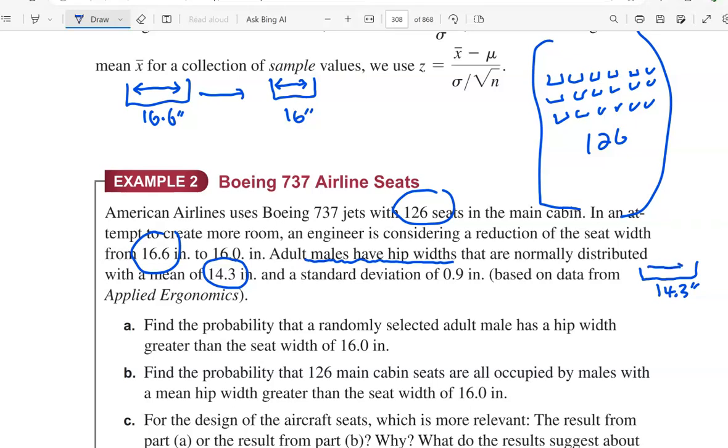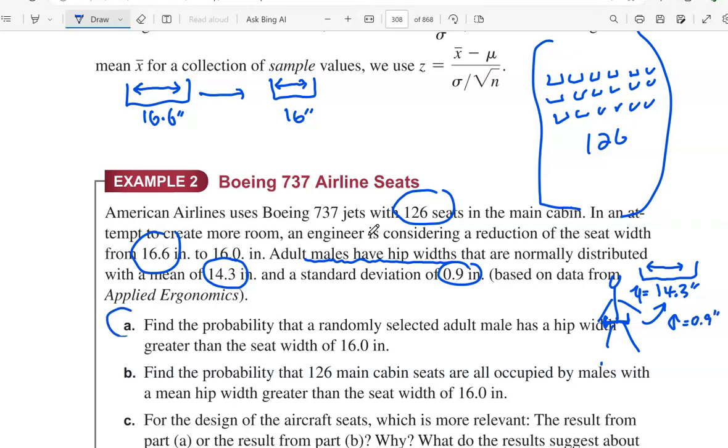That's the hip size of the person, not the seat of the airplane. This is the mu. The standard deviation is 0.9. That's the story so far, okay?